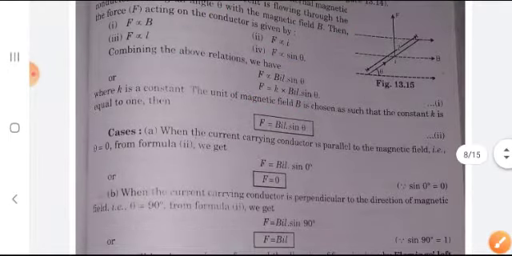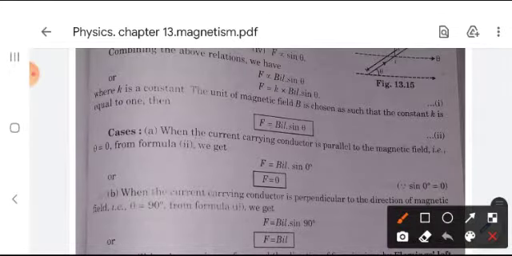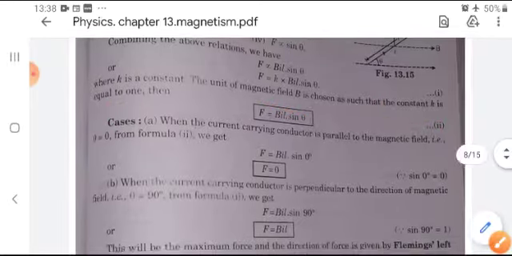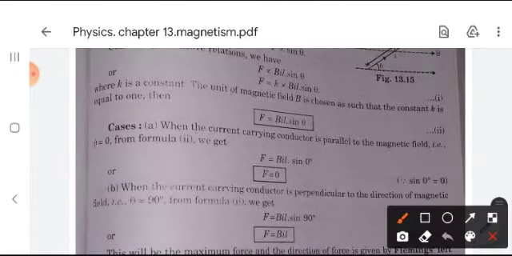Now moving forward, where k is a constant, and the unit of magnetic field B is chosen such that the constant k is equal to 1, then F is equal to BIL sine theta. This is the formula for the magnetic force when a current carrying conductor is kept inside an external magnetic field.